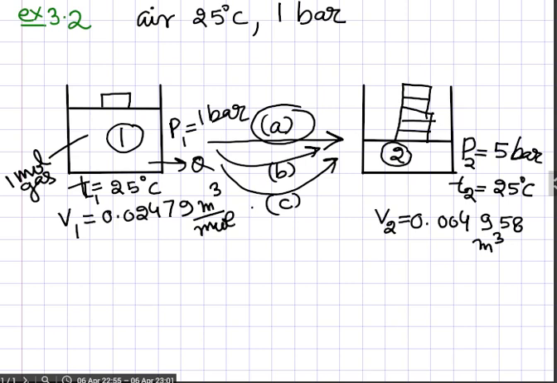What is this process? They say that heating at constant volume and then cooling at constant pressure.